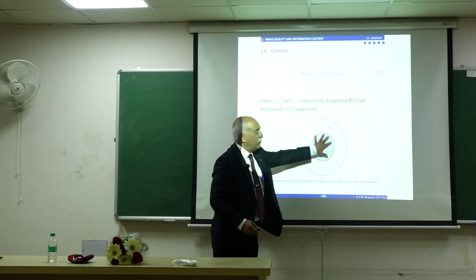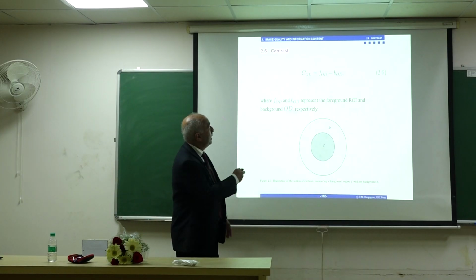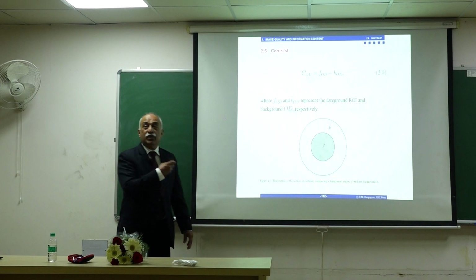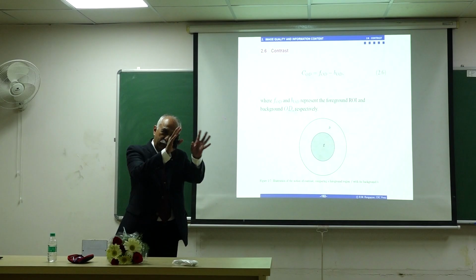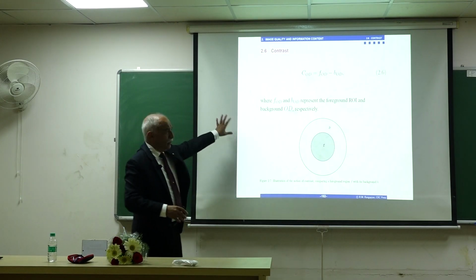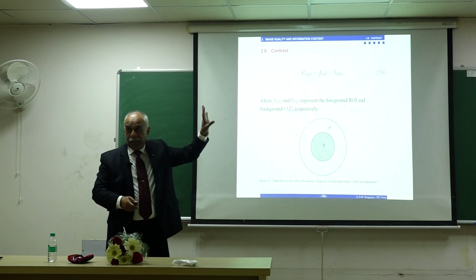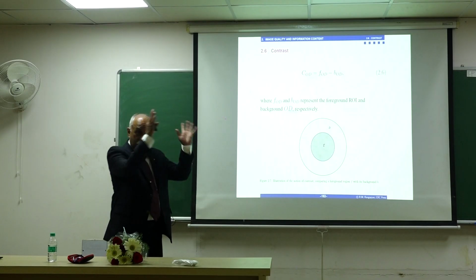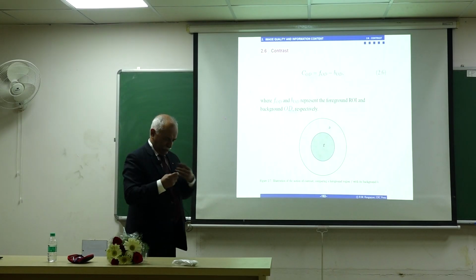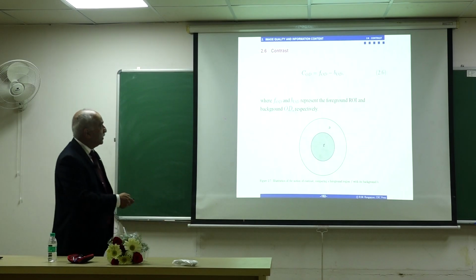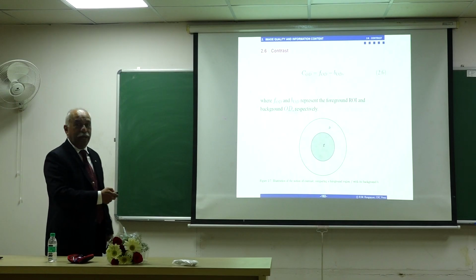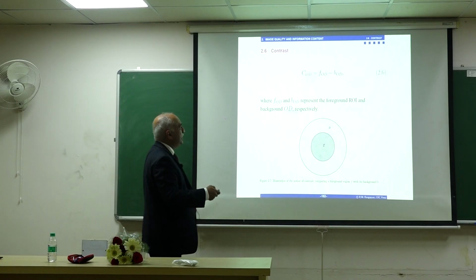So this is a foreground object. You make a measurement. The value of that is F in terms of optical density. The background, you can take the background to be immediately around the foreground, or it could be somewhere else, wherever. Or the whole image. It's up to you. It depends on where you choose the background, but let's take this.